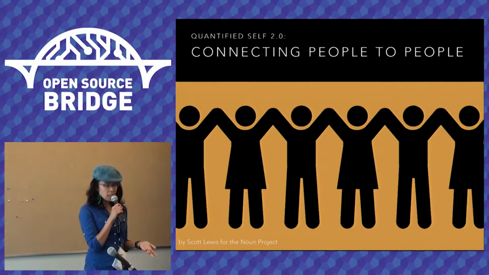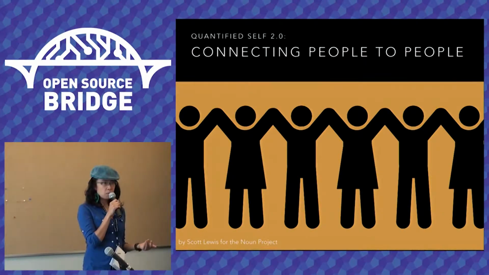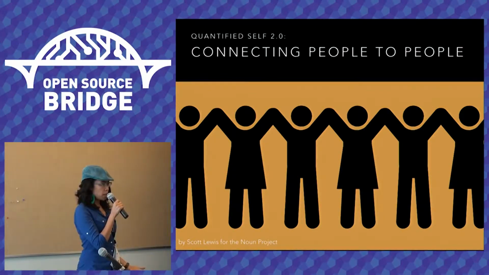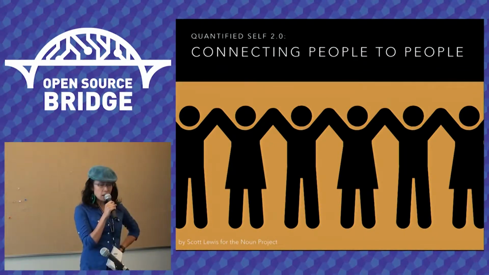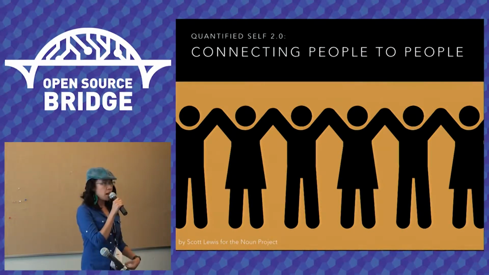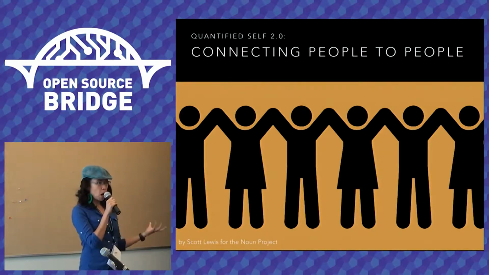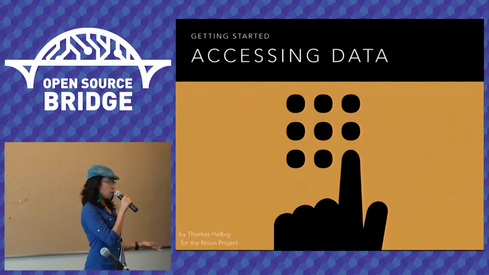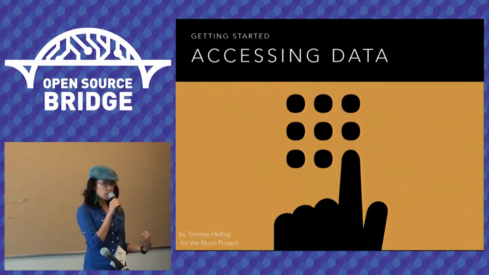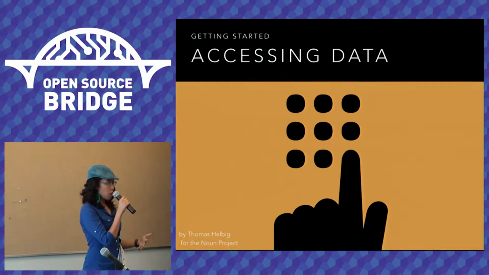I really liked a definition that one of my students this past spring, in a class that I teach called the Quantified Self in the Smart City, talked about with Quantified Self 2.0. The idea is that you're not only tracking your own data or your friend's data, but that there is a growing body of data, personal data but also biometric data, at the scale of the city.